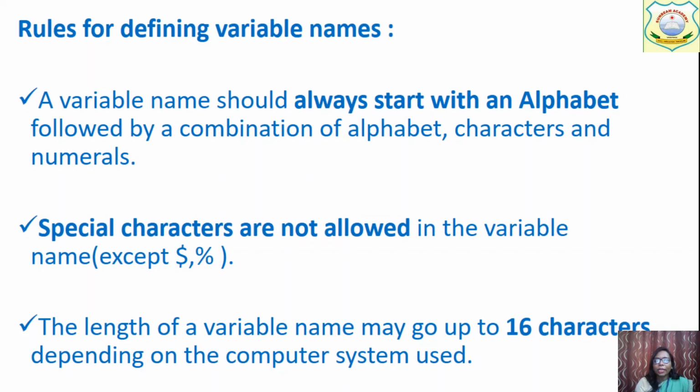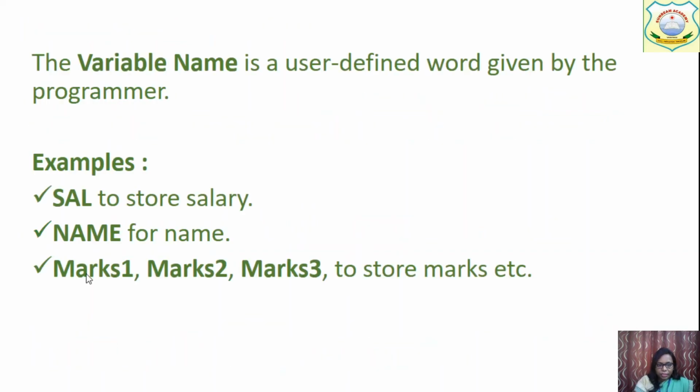The length of the variable name is up to 16 characters. Okay, this is a variable name now. Its length is up to 16 characters. This is a 6 character name, this is a 4 character name, and this is a 3 character name. The maximum length can be up to 16.